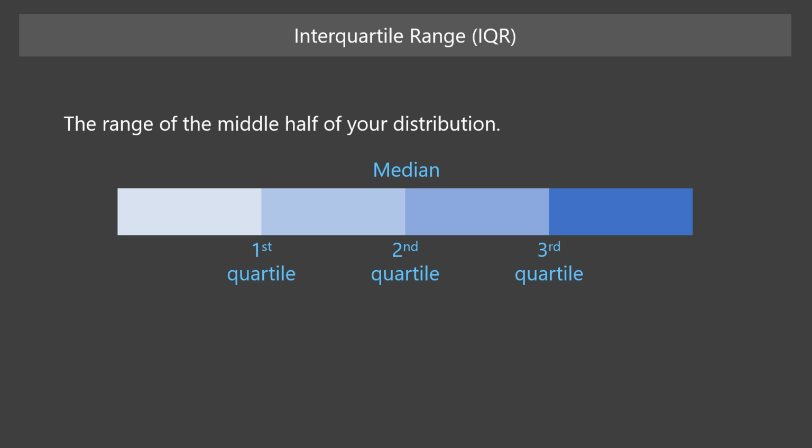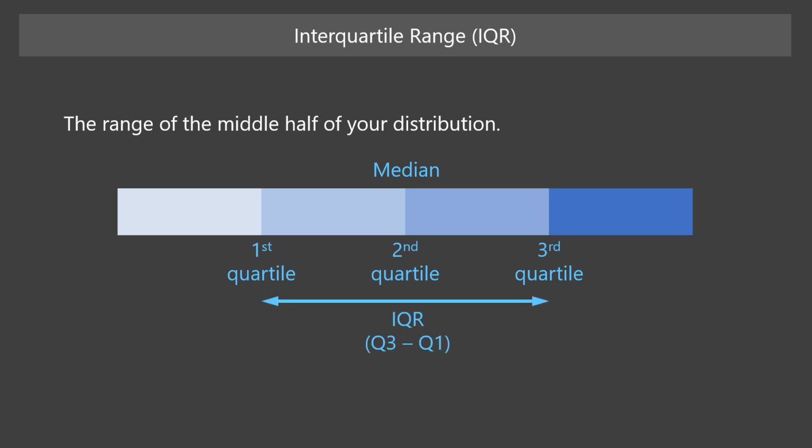Commonly, from the smallest, quartiles are called the first quartile, the second quartile, and the third quartile. The second quartile is equal to the median. The first quartile is the median of the smaller half, and the third quartile is the median of the larger half.